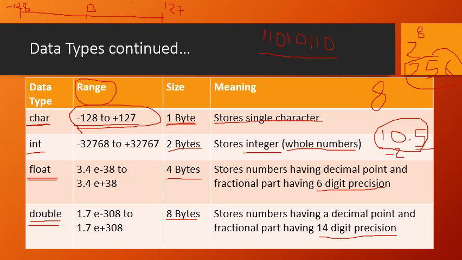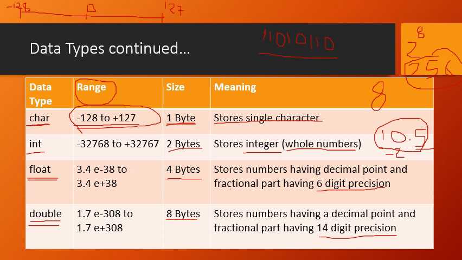So from this, the main thing to understand is that there are 4 different fundamental data types. Character stores a single character and requires 1 byte of memory. Second is int, integer, which is capable of storing only whole numbers and requires 2 bytes of memory.